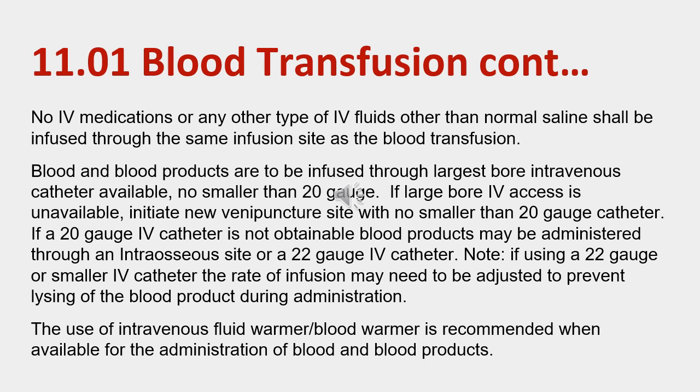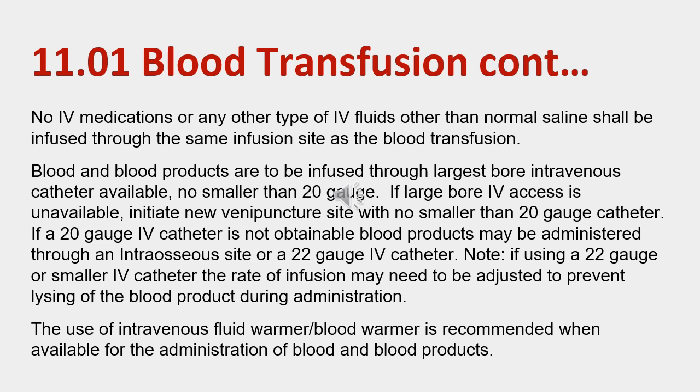If you're unable to obtain a 20 gauge catheter, a 22 gauge IV catheter site may be appropriate. Note, if you're using a smaller than 20 gauge site, the infusion rate may need to be adjusted while infusing the blood product so that we prevent the damage or the lysing of blood cells.